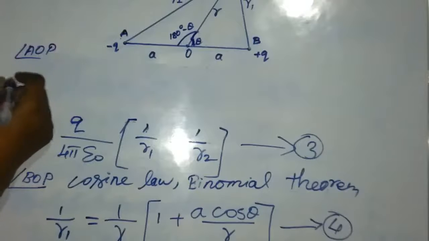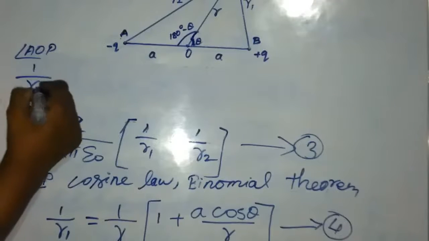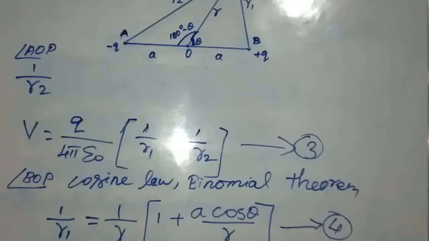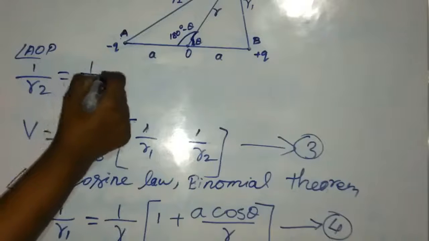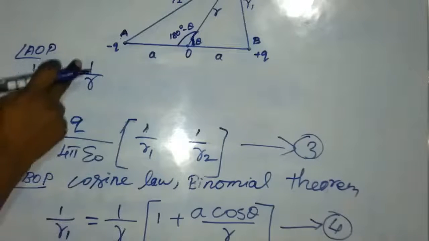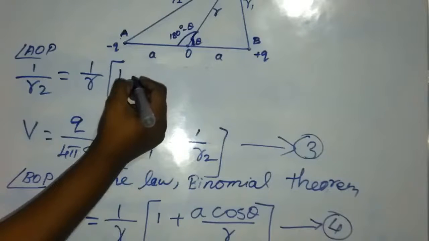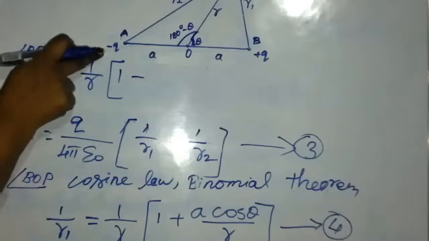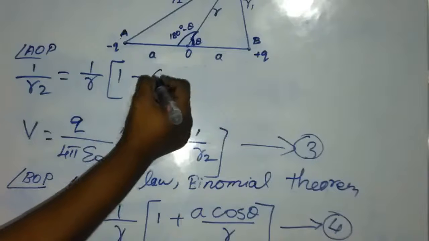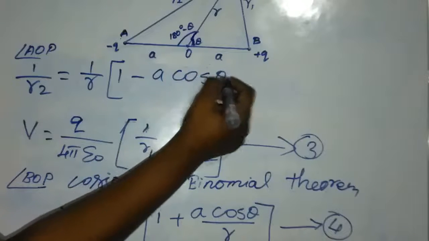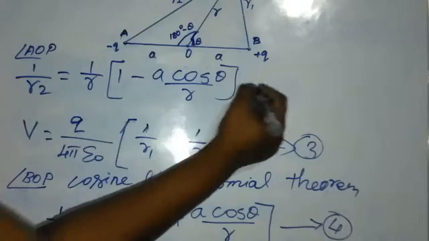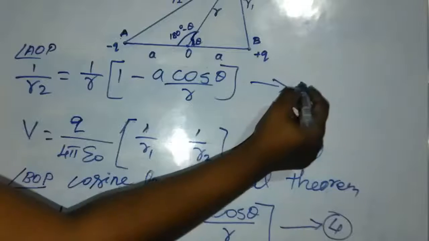From the same formula as 1 by R1, with a small change only: 1 by R2 equal to 1 by R into, instead of plus, here we are using minus Q, here we are using minus. Then the same one, A cos theta by R. So this is equation number 5.